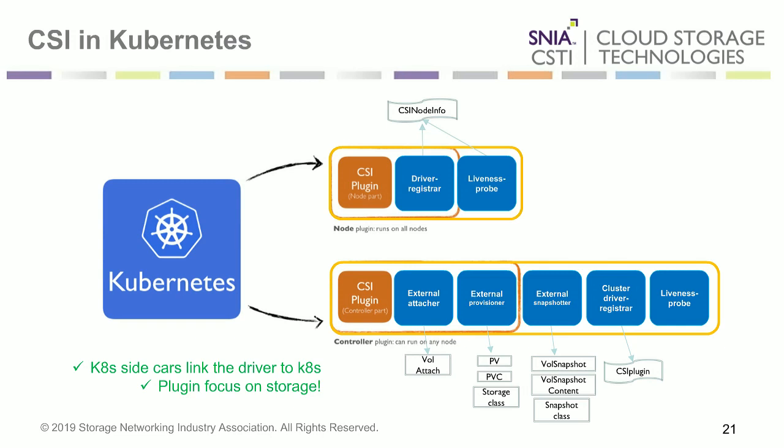The external provisioner is the one listening to the Kubernetes API for requests for PVCs. It knows about the storage classes. So it takes that information from Kubernetes and passes it to the plugin for the plugin to do the storage operation. You don't have to write a listener to listen for these things anymore. Now you just load in the sidecar.